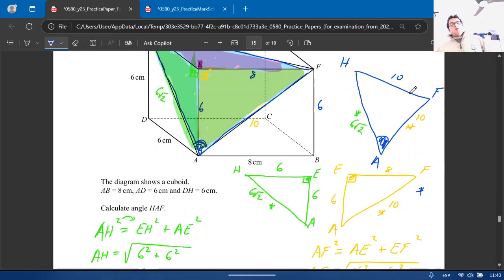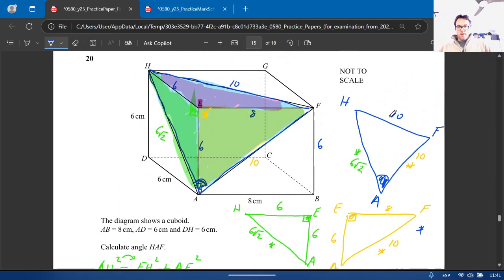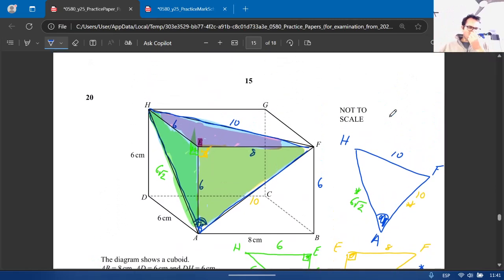So now we have 3 sides of a triangle and want the angle, okay? So as we know before, if it's a right angle triangle we're working with, we use Pythagoras or SOHCAHTOA.